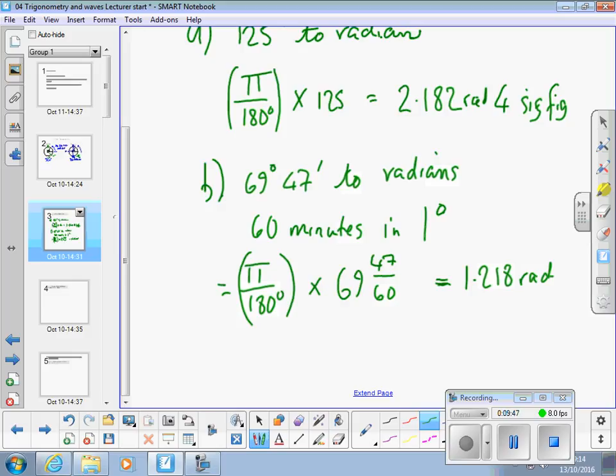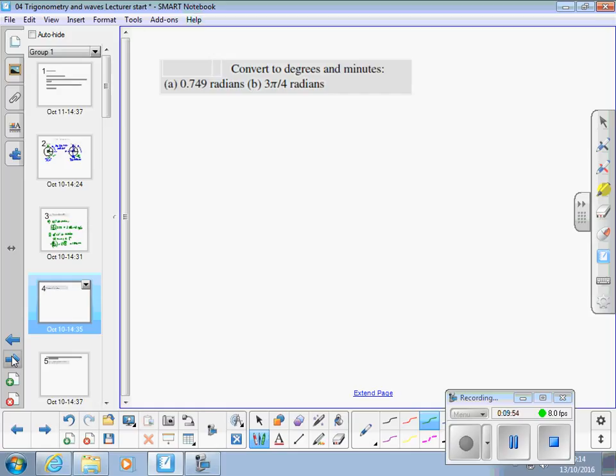Alright, everybody happy with that? Can I move on? Yeah? No dissenting voices. So, convert those to degrees and minutes.